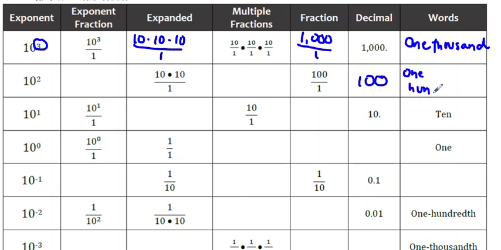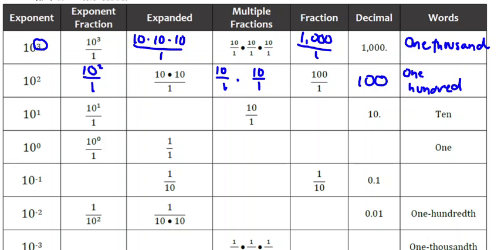100. And if I was going to start at the front, I have 10 squared over 1, which means 10 times 10, because squared means there are going to be 2 10s, so 2 10s over 1. If I write it as multiple fractions, I have 10 over 1 times 10 over 1. 10 times 10 is 100 over 1, which is the same thing as 100.